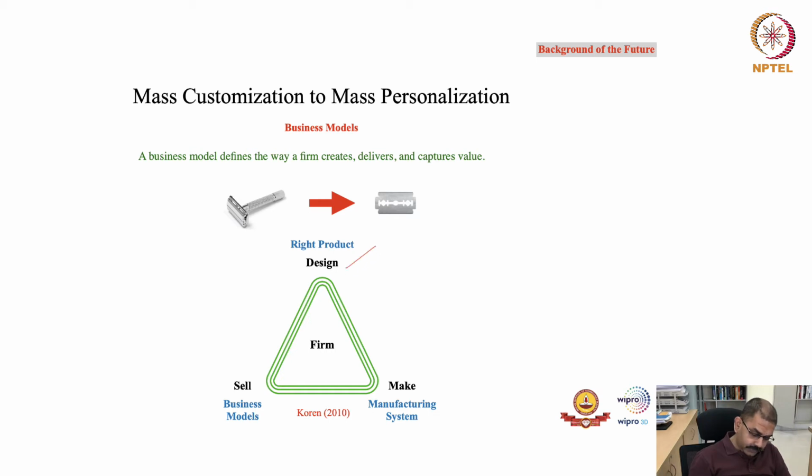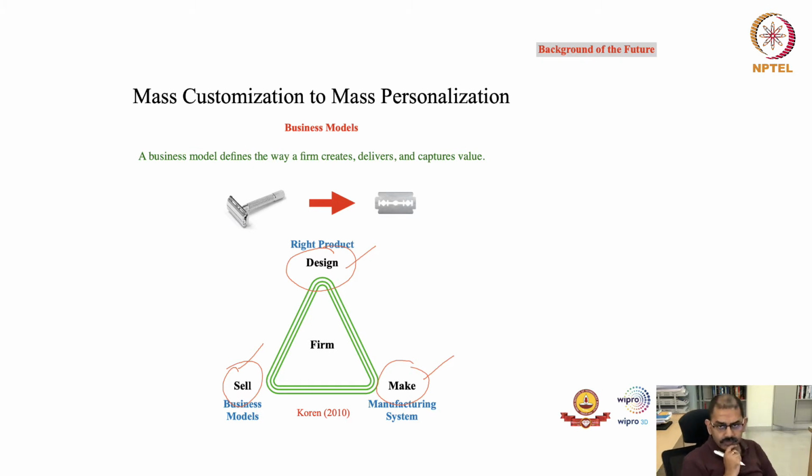So I'm extending this argument again to three parts. One is designing it, one is manufacturing, and other is selling it, right? So I've taken it from a book on manufacturing by Koren, 2010. So there is a firm, and the firm has design, make, and sell operations, right? So all these three things are important, right?